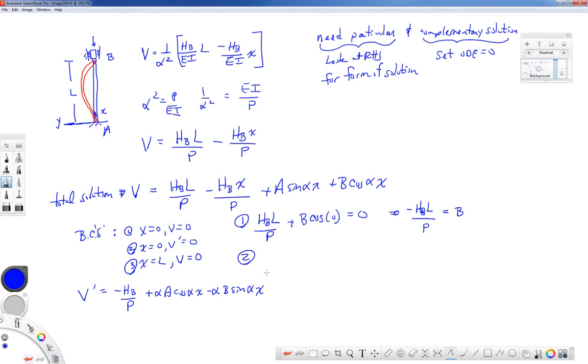So by applying boundary condition 2, we have minus HB over P. The cosine of 0 is 1, so we can have plus alpha A. The sine of 0 is 0, equal to 0. So we can solve this for A. A is going to be equal to HB over P divided by alpha.